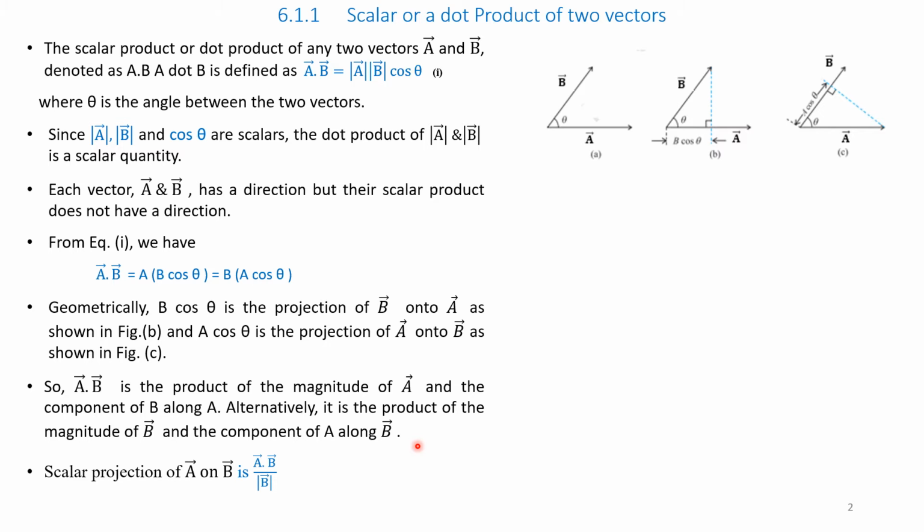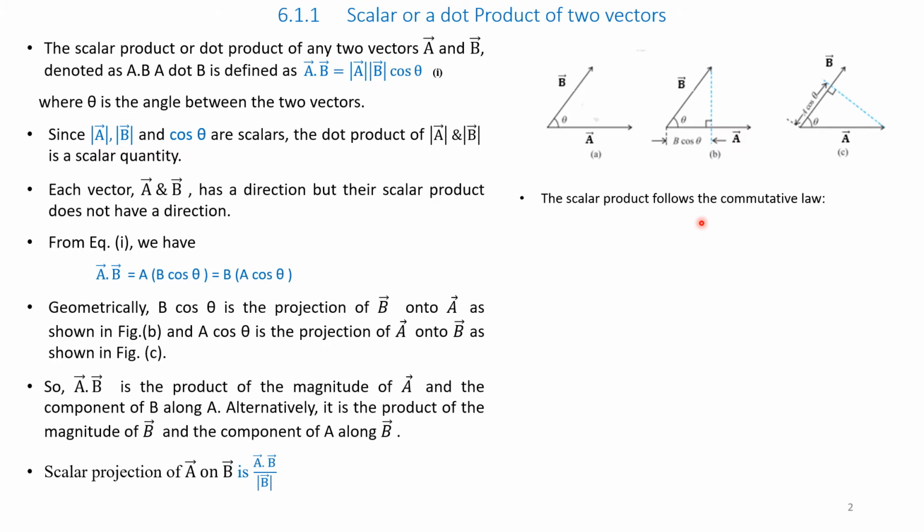Scalar projection of A on B is given by the relation vector A dot vector B divided by modulus of vector B. The scalar product follows the commutative law. This is a property of the vector scalar product.